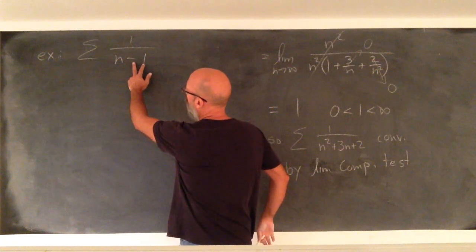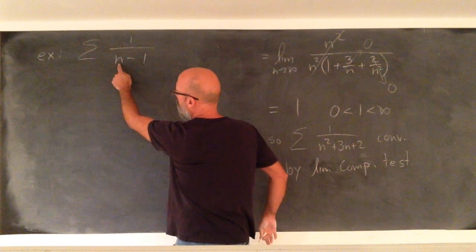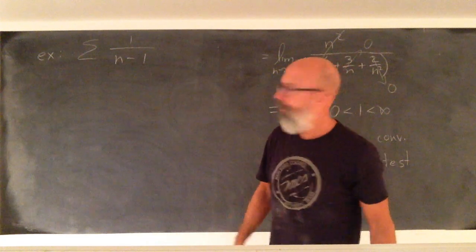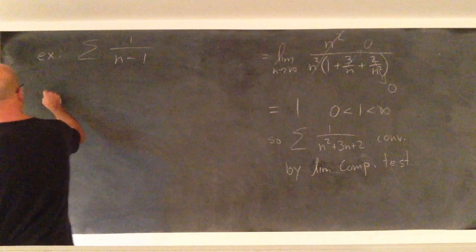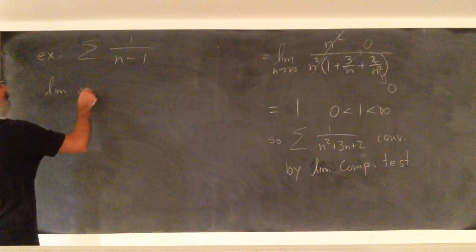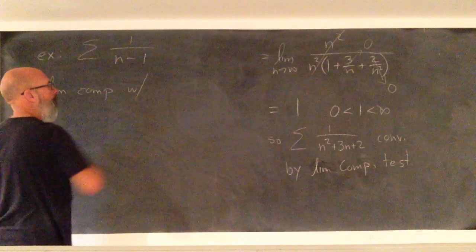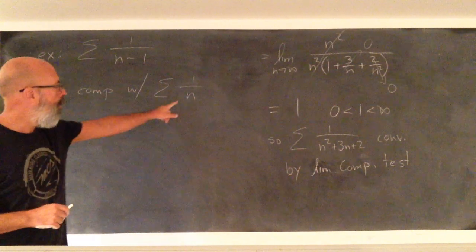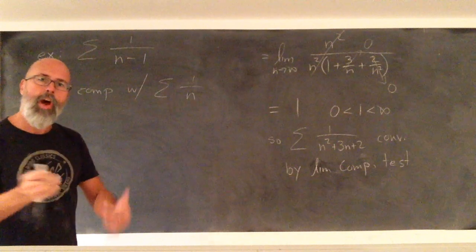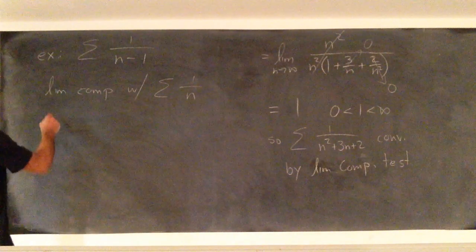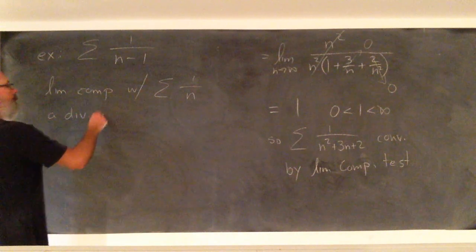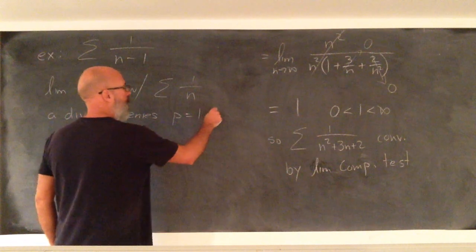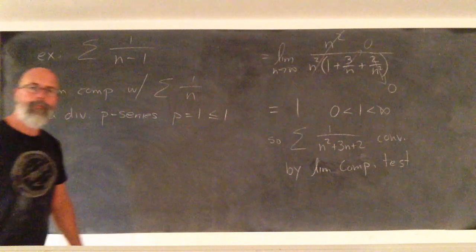Here, the dominant term in the denominator is n, right? This minus 1 here is negligible. We're going to do a limit comparison with the series 1 over n. What do you know about this series? You know it's a divergent p-series. Where p is 1, which is less than or equal to 1.